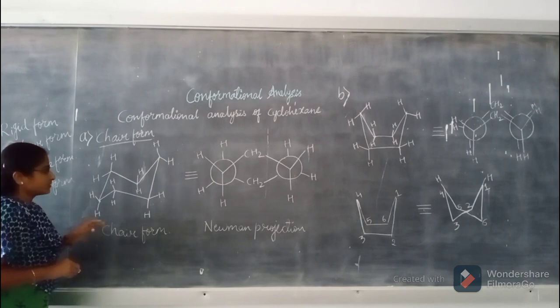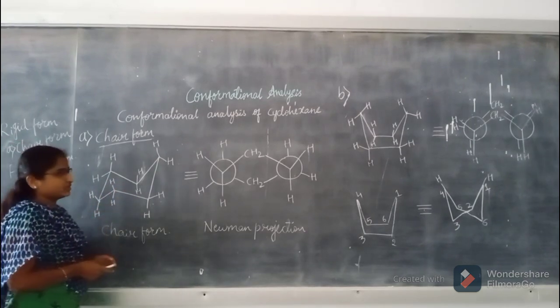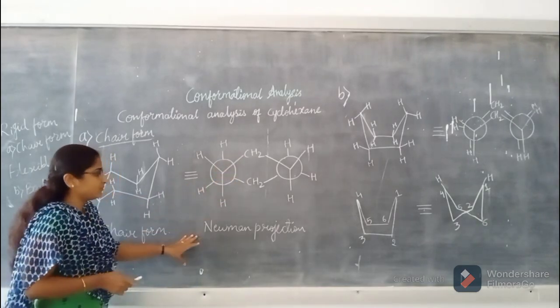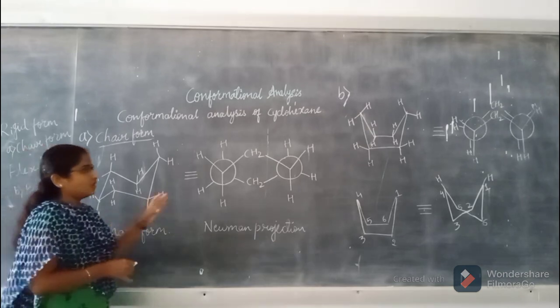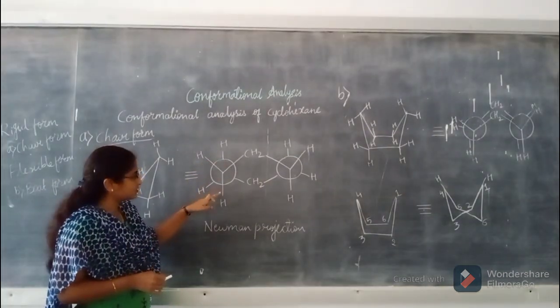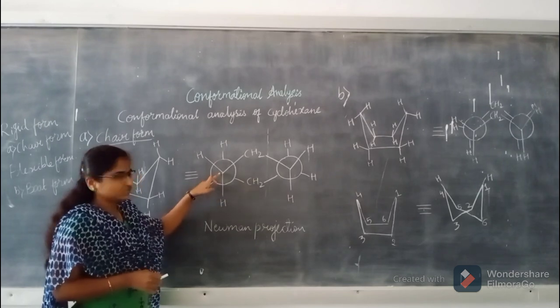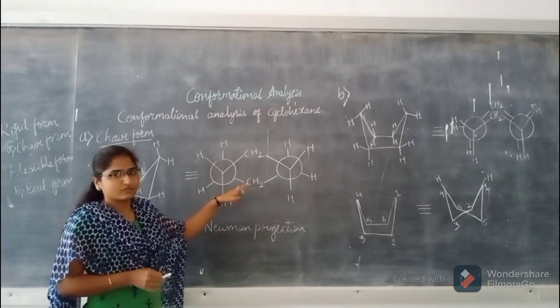See here, you have 6 carbon atoms and 2 CH2 groups. Here in the Newman projection of the chair form of cyclohexane, you can see all the bonds, the bonds from the carbon that are directly bonded to hydrogen, as well as for the CH2 groups.